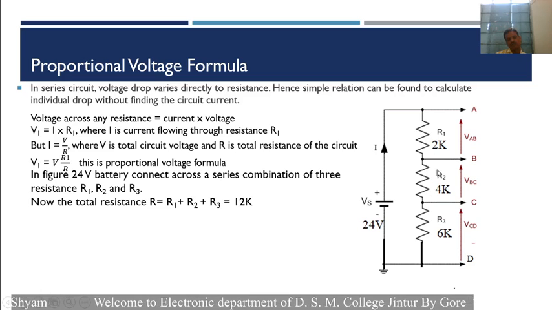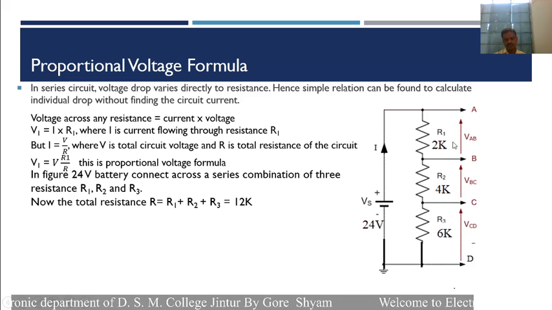The total resistance R is equal to R1 plus R2 plus R3, the sum of all resistances. Here R1 is 2 kilo ohm, R2 is 4 kilo ohm, R3 is 6 kilo ohm. Therefore, 2 plus 4 plus 6 is equal to 12 kilo ohm.